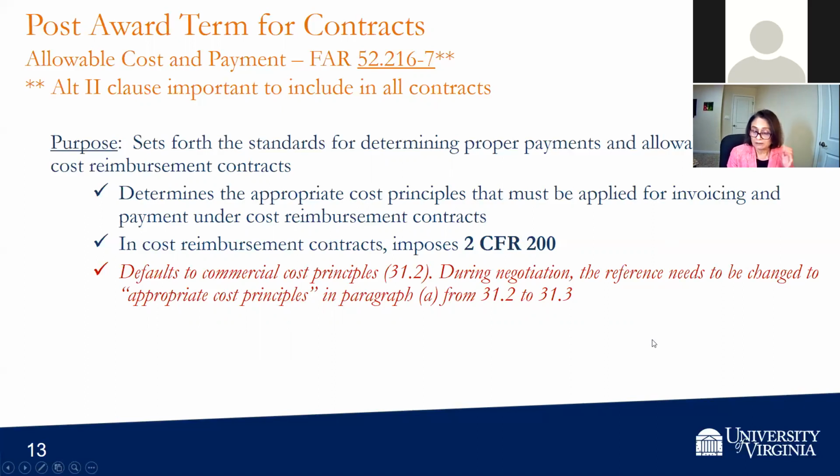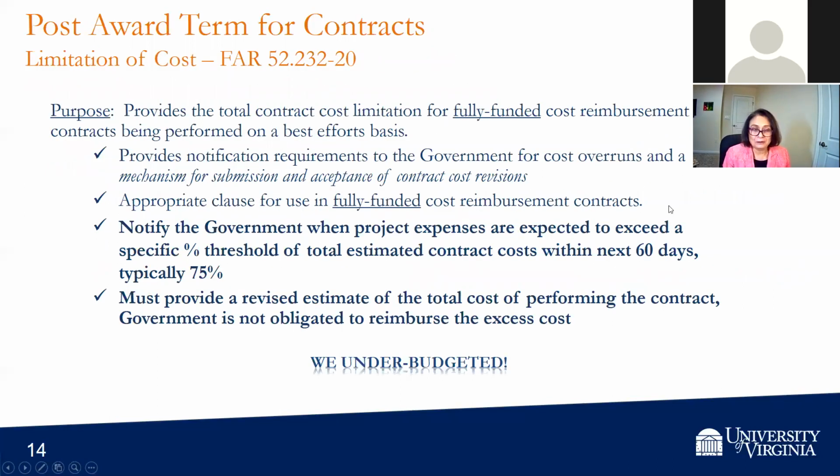So we have to make sure that we change it to 31.3, and then automatically all these clauses will be available for us to select from all the list of FAR clauses. So this is just to remind us that there is a way we can incorporate the uniform guidance within a federal contract.